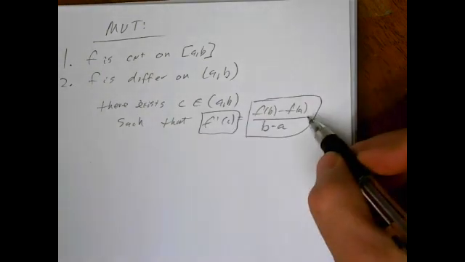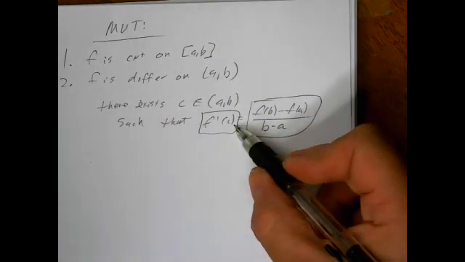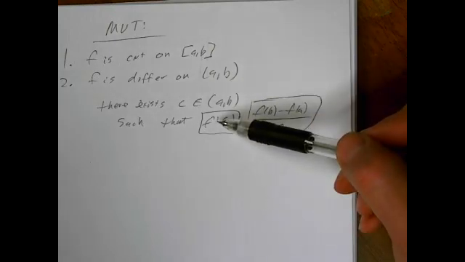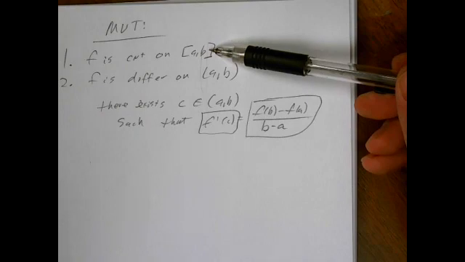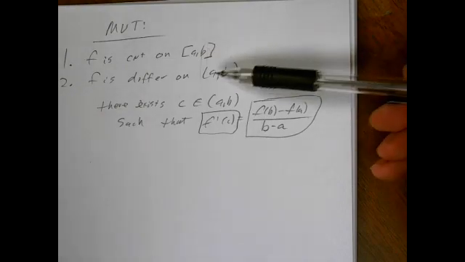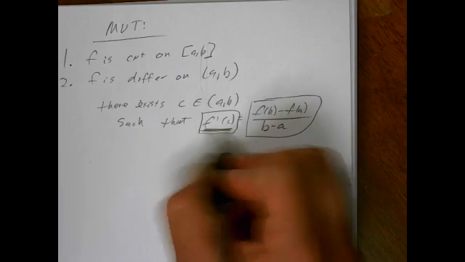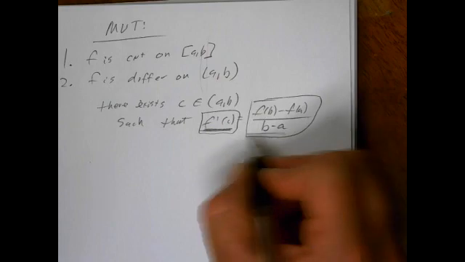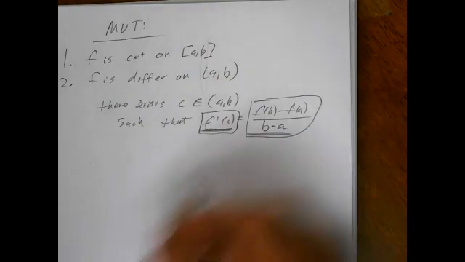This is slope as calculated using two ordered pairs. So what this is saying is that for a function that meets these criteria, which is a lot of functions, you're just talking about continuous and differentiable, a function's instantaneous rate of change at some point has to equal its average rate of change over an interval.